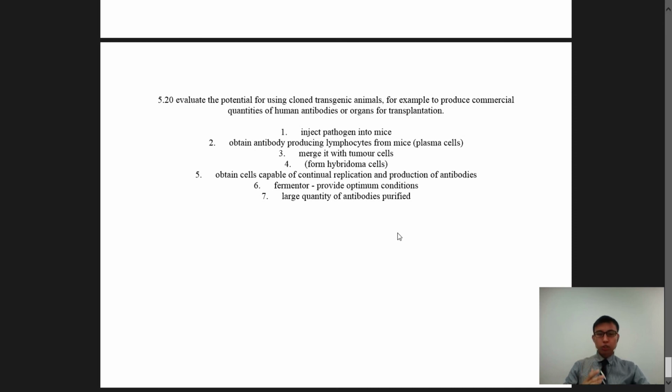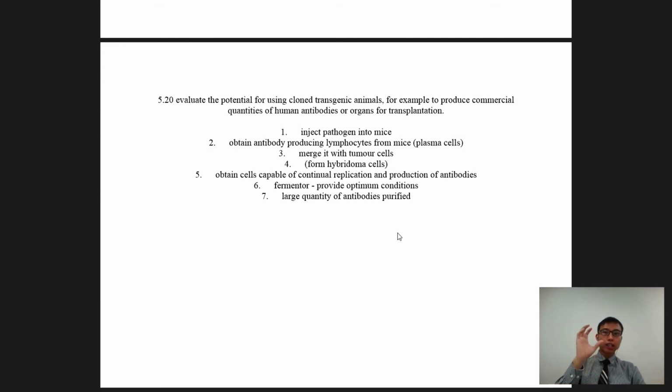You will inject a pathogen into, let's say, mice or even dogs. What's going to happen is that the white blood cells, the lymphocytes inside, are going to be activated by that pathogen. So think back to our vaccination. It's going to produce the lymphocytes that can produce the antibodies to tackle this pathogen.